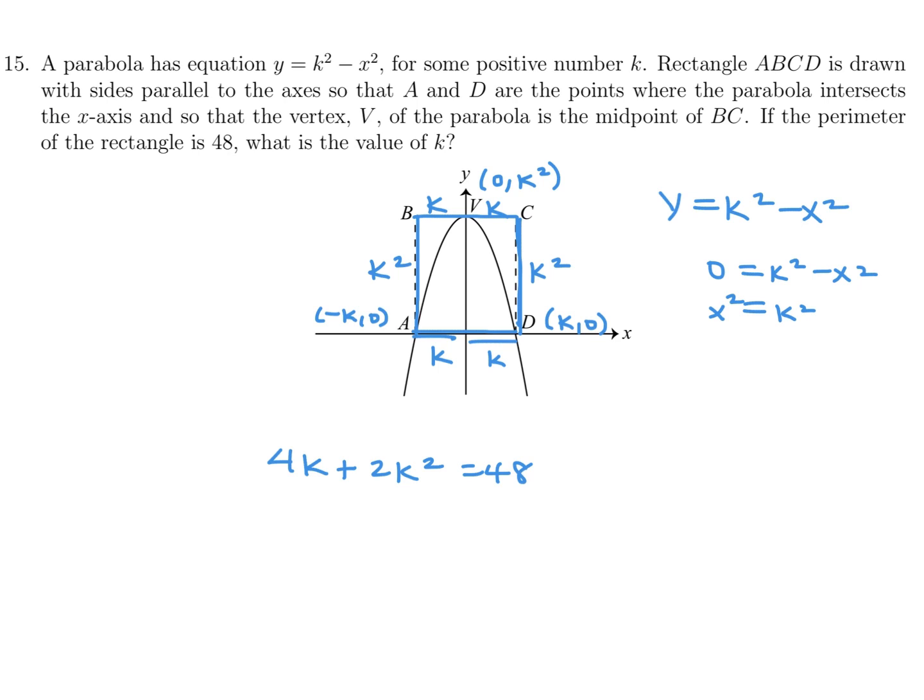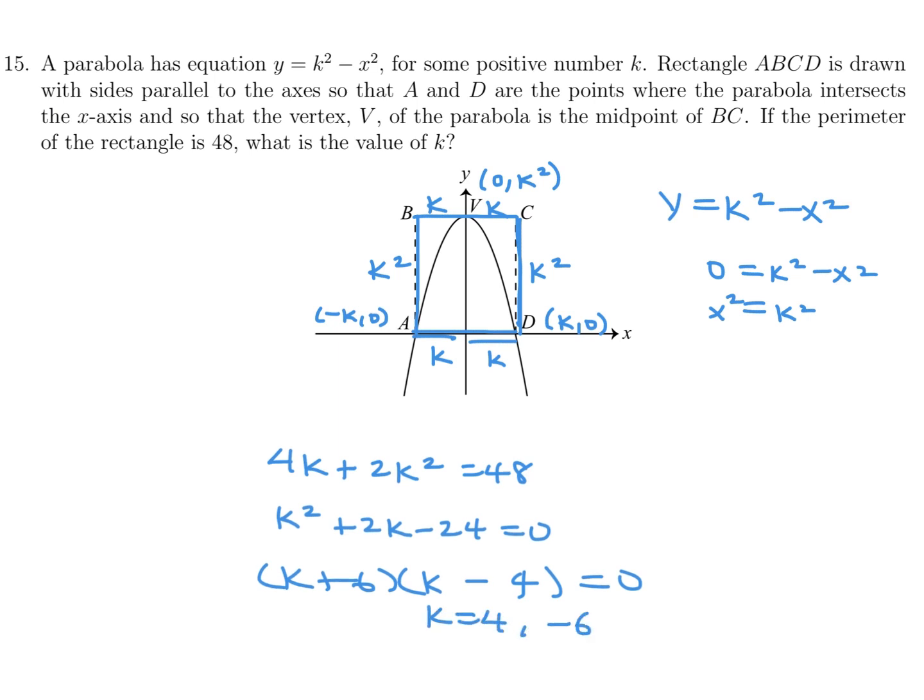Put everything on one side, divide through as much as we can. We get k squared, if I divide through by 2, plus 2k minus 24. And I think this factors, k plus 6 and k minus 4. So k is 4 or negative 6, but k has to be positive, because they told me it's positive, so that means k is 4.